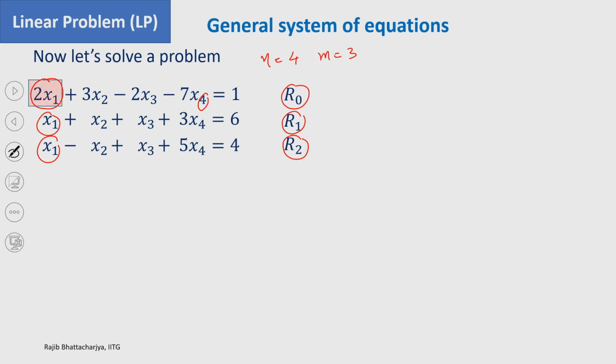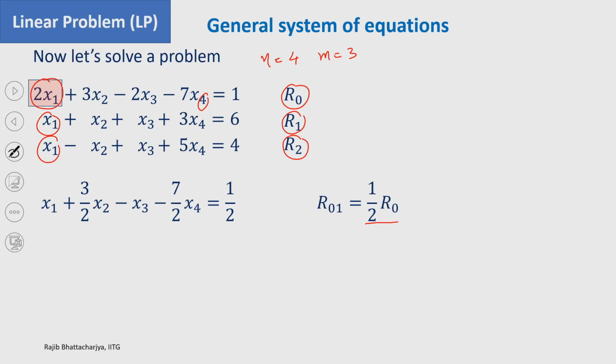So, I take this variable x 1 in equation 1, and I have divided this equation by 2, that means I have multiplied this entire equation by half.